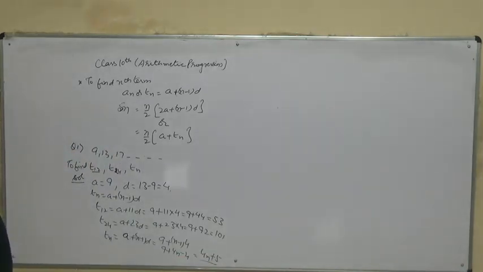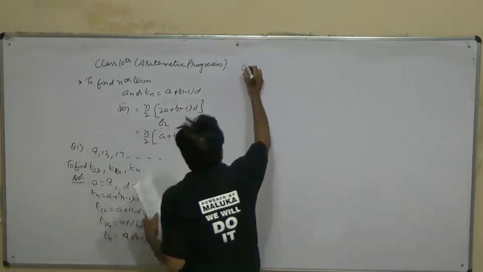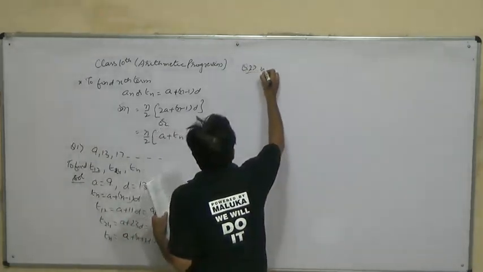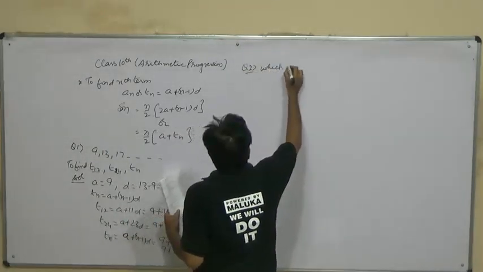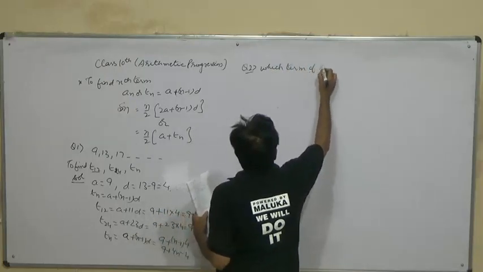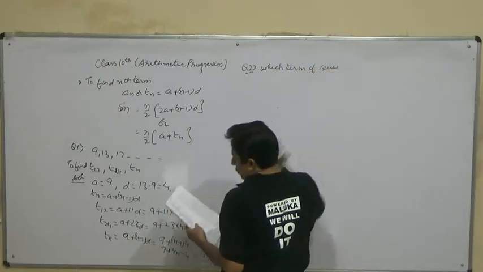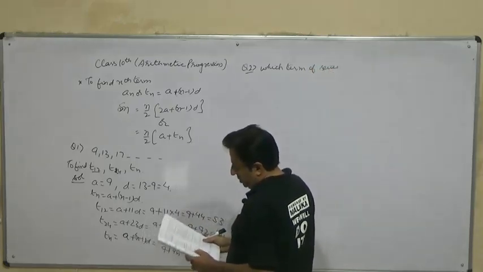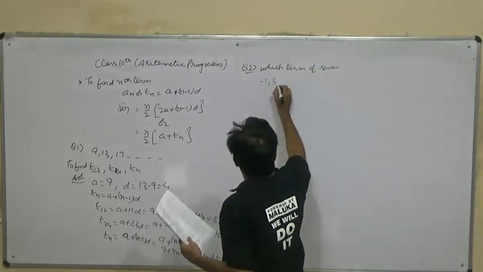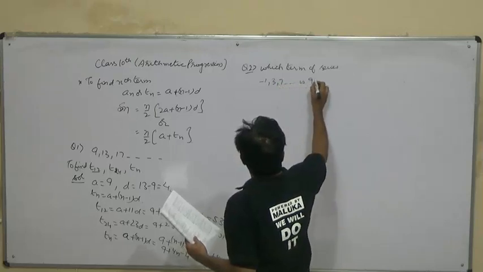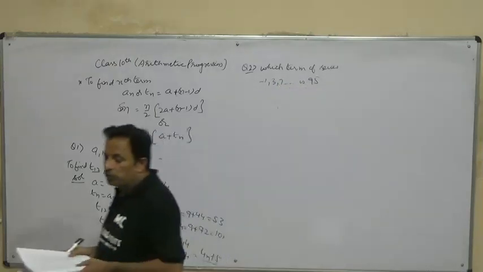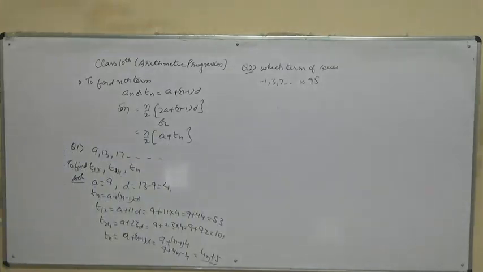Then second question in this is, which term of the series minus 1, 3, 7 and so on is 95? So what we have to find here is, continuing in the same way, which term would be 95?